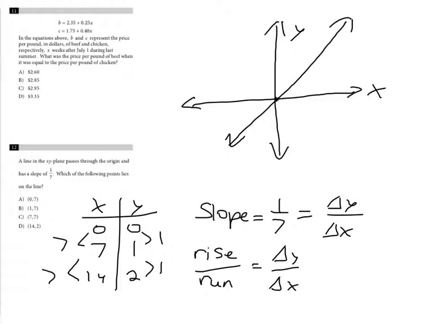Since my slope is 1/7, a change of 1 over a change in x of 7, one of our other points could be 14, 2, which is an answer choice. Sorry, it looks like D would be the answer to number 12.